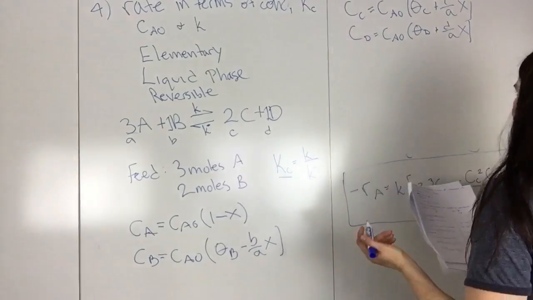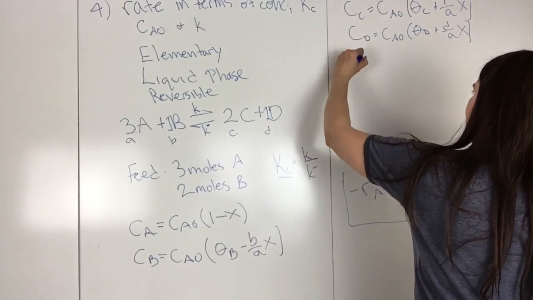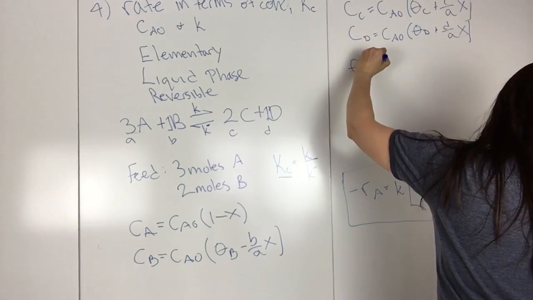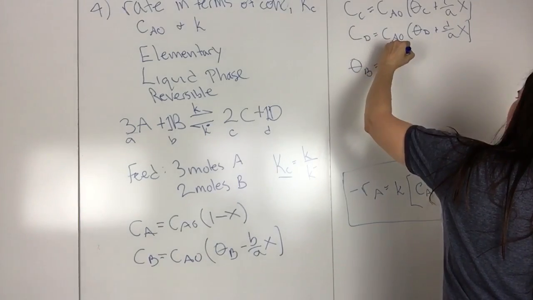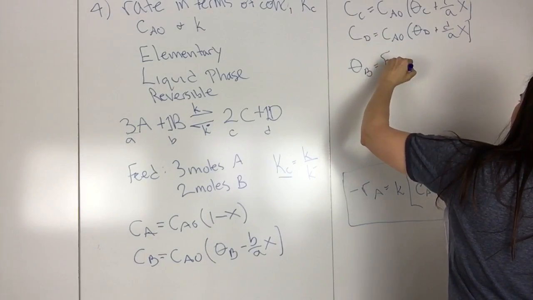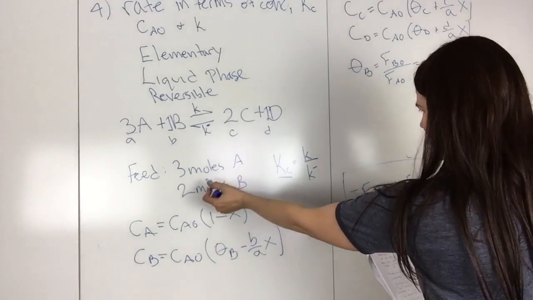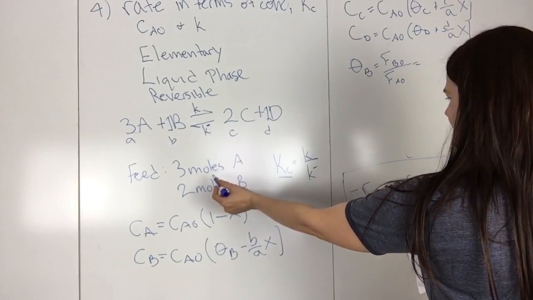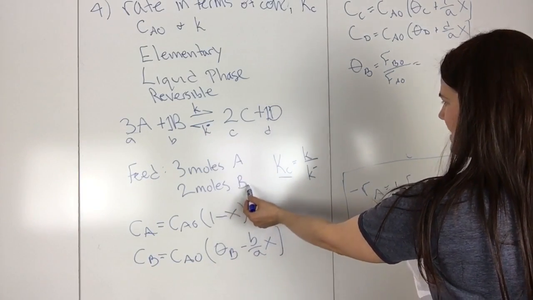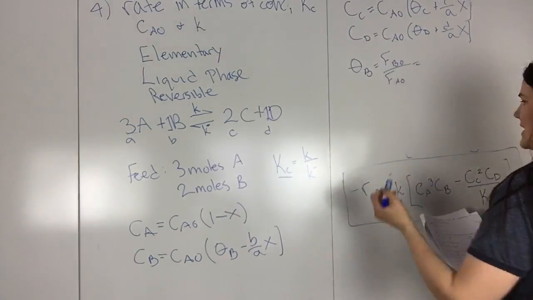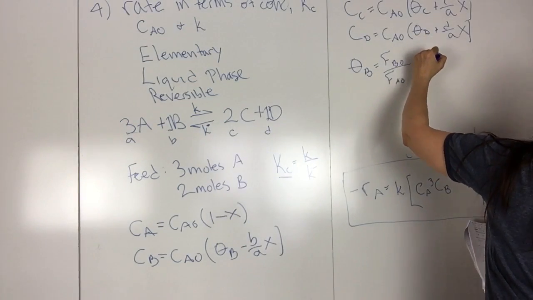For theta B, we know that theta B is FB naught over FA naught, and these were given right here. We have 2 moles of B and 3 moles of A in the feed, so this would be 2/3.